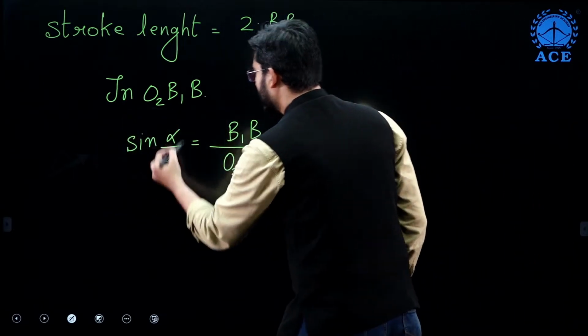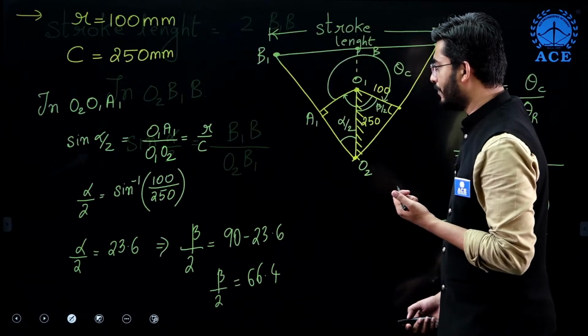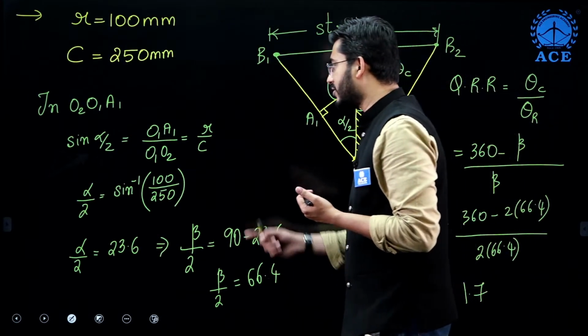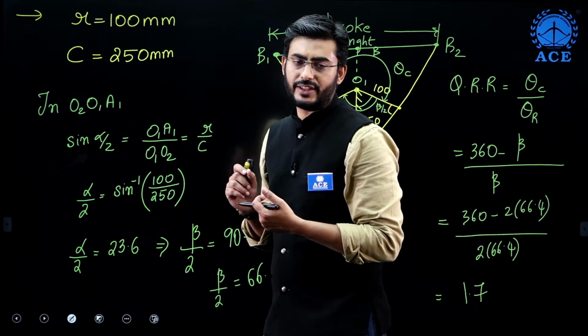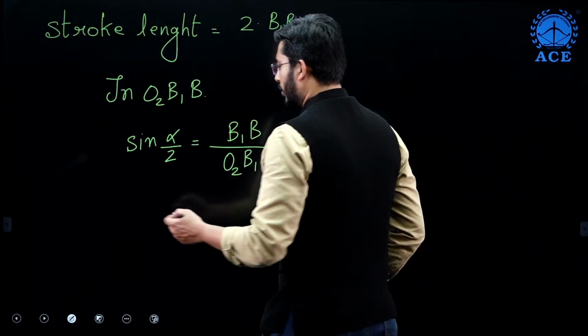And what we have written under sine alpha by 2? Sine alpha by 2 is length of the crank by length of the fixed link. Okay.